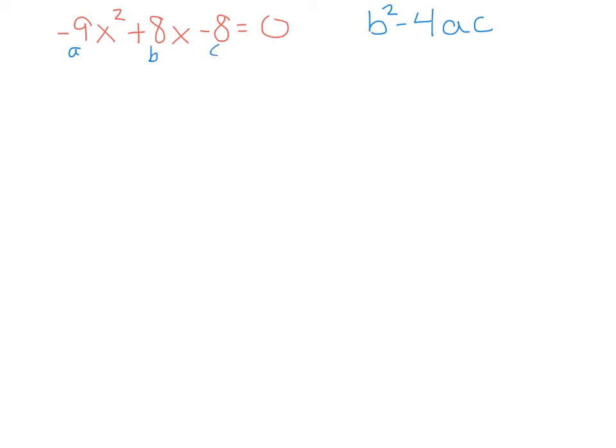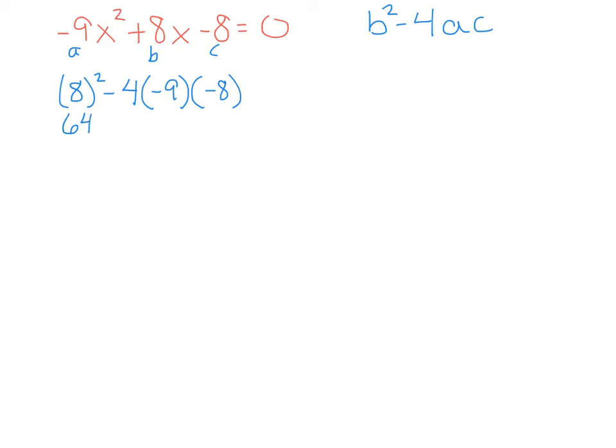So we're just plugging in and finding out what the value of the discriminant is for this problem. So we've got b squared, 8 squared, minus 4a, a is negative 9, times c, which is negative 8. You can use your calculator, as long as you're careful with your parentheses.